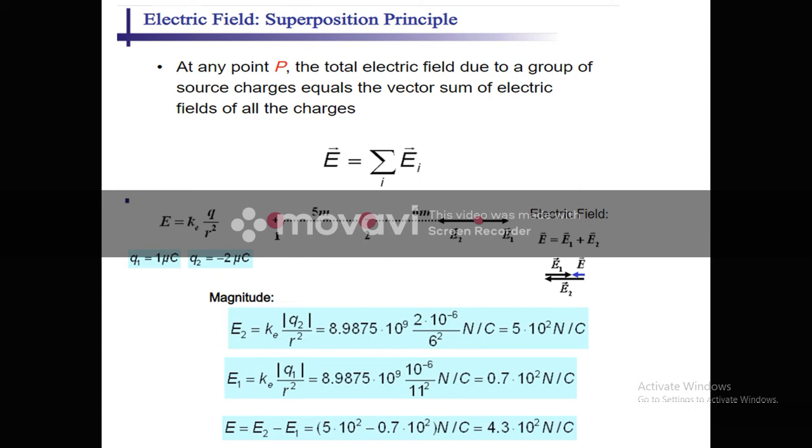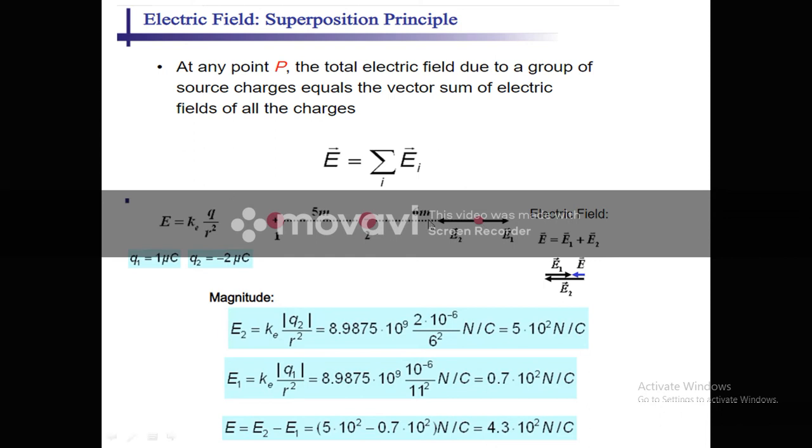Superposition principle for the electric field. Let's suppose we have a test charge over here, and we have two source charges. One is at point 1 and the other is at point 2, and the charge at point 1 is positive, while we have taken the negative charge on point 2. So what will happen actually, the one charge will repel this test charge, because we have always taken the test charge as positive conventionally.